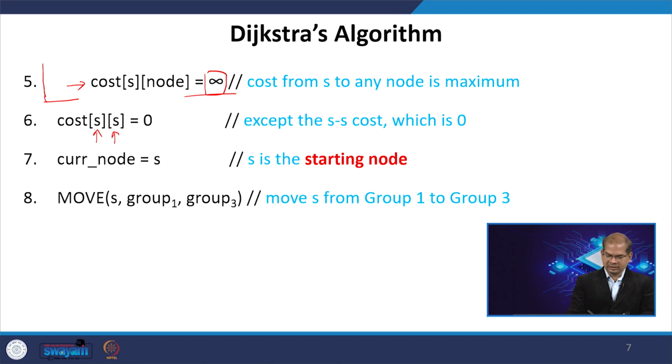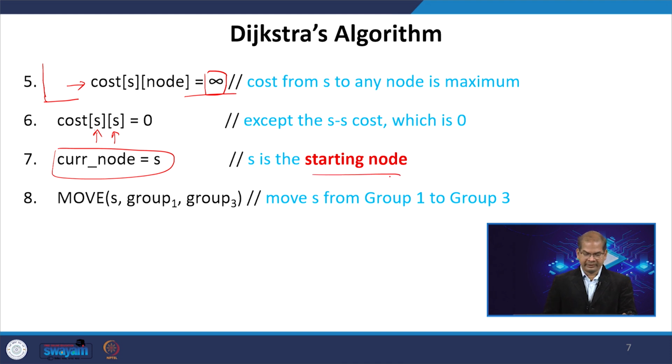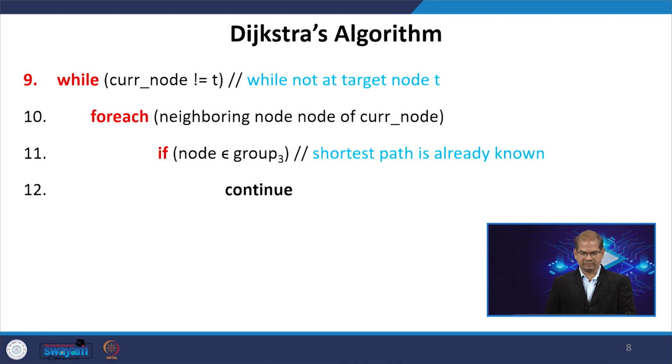Let us take the current node as the S node. Then this start node, once it is visited, we move from group 1 to group 3. It will not go to group 2, it goes directly to group 3, because it is the start node.